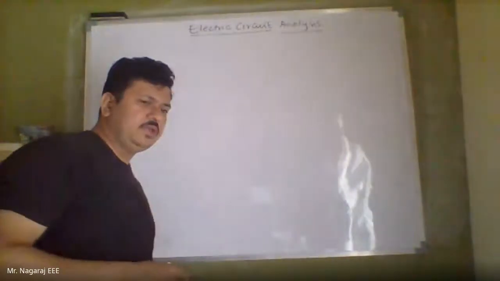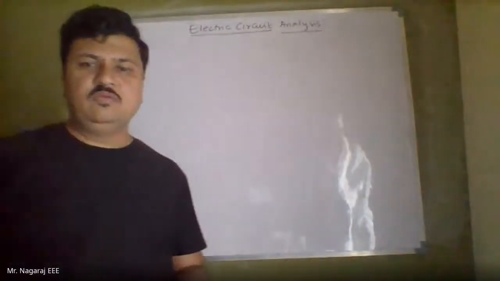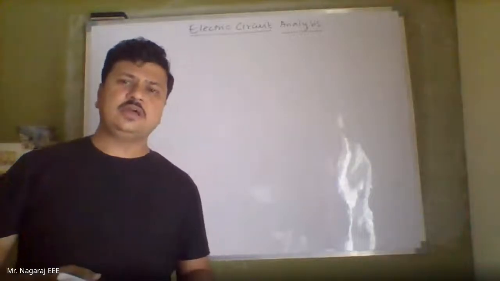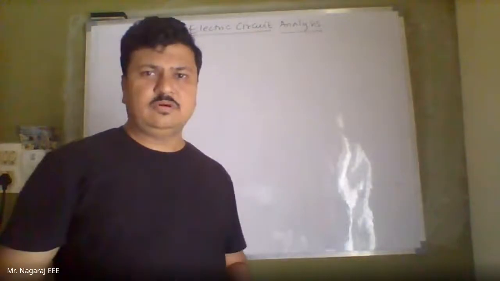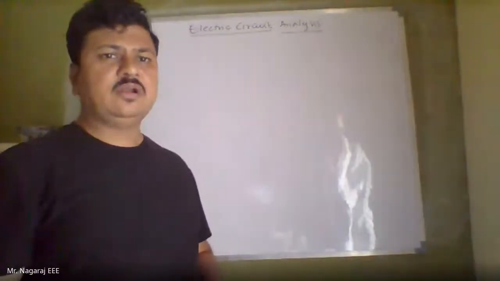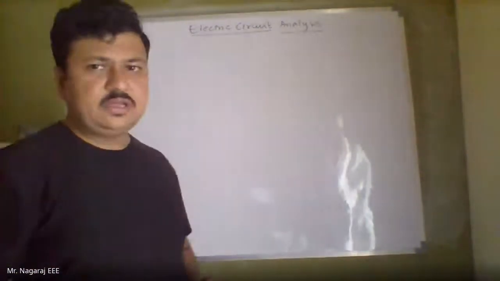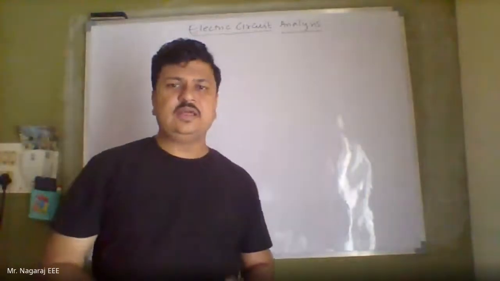So what are we doing in electric circuit analysis? What analysis are we doing? We want to know the electrical quantities across each element or through each element, or the electrical behavior of the entire electrical circuit.